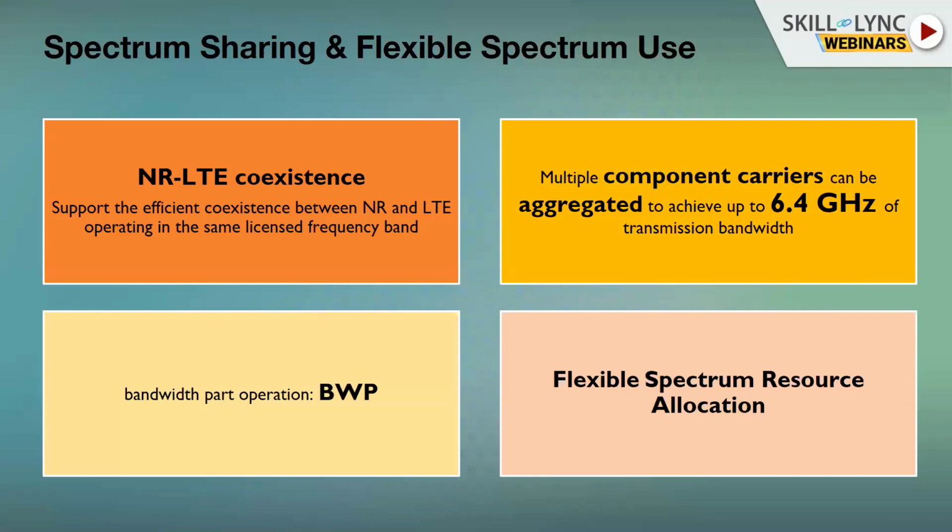This is huge. 5G supports spectrum sharing with LTE, so it can share the same frequencies with LTE. The operating carriers of 5G and LTE can be overlapped or adjacent. Lastly, 5G addresses the uplink and downlink traffic asymmetry with flexible spectrum resource allocation by allowing FDD operating on a paired spectrum, which is TDD.